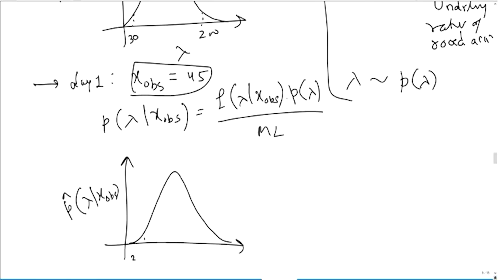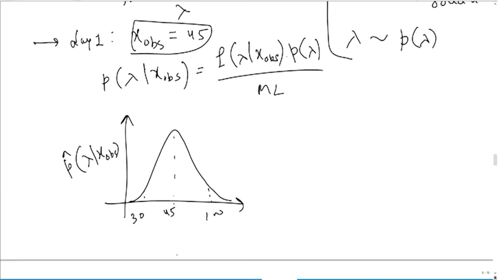So let's say the likely value of lambda is somewhere between 30 and 100, with the most likely value somewhere around 45, 50 or something. Okay. So this is based on day 1 data. So this is what you have learned about the parameter lambda so far, and this reflects in your posterior distribution.